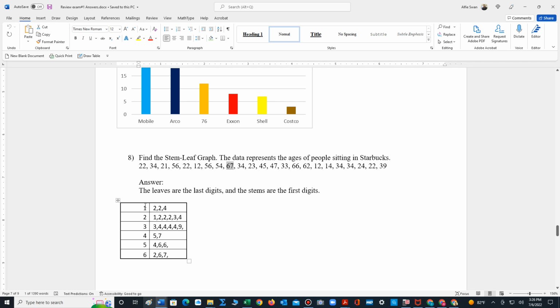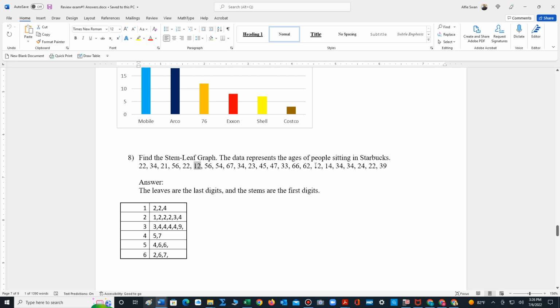And so for the stems, we list all the numbers from 1 to 6. And then for the leaves, we list the values. In this case, I use commas, but if you're working with Connect Math, do not put commas between the values. Leave the commas out of the answer. So if we take all the numbers at stem 1, for example 12, we would write that as 1 2.